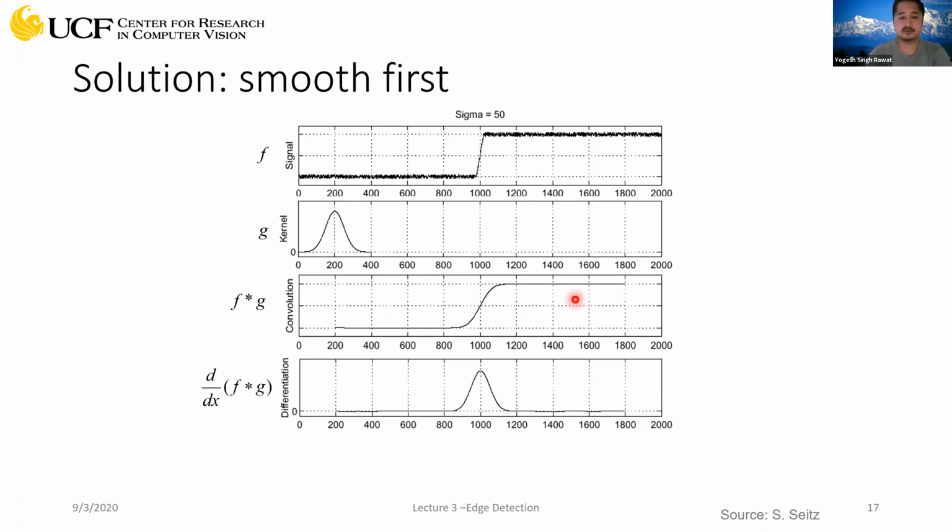Now if you compute the derivative, you will get a nice peak here, and you can still detect the edge. There was a question in the last lecture: why do we need filtering, why do we need convolution, where will this be useful? This is one nice use of filtering, where we have noise in our input signal, and we can avoid that noise and still detect edges.